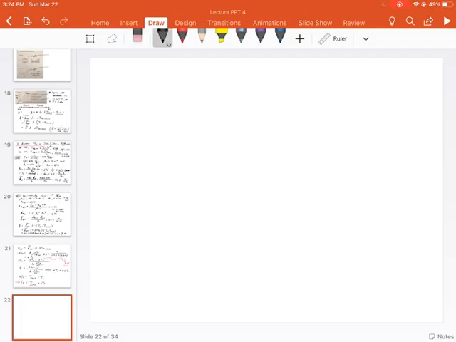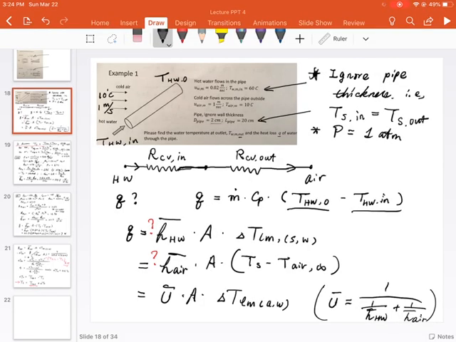That's what we talked about here. Maybe I should use a different color. So here, we can calculate this way. If the Q equals this, then the Q should be equal to the hot water in minus the hot water out.